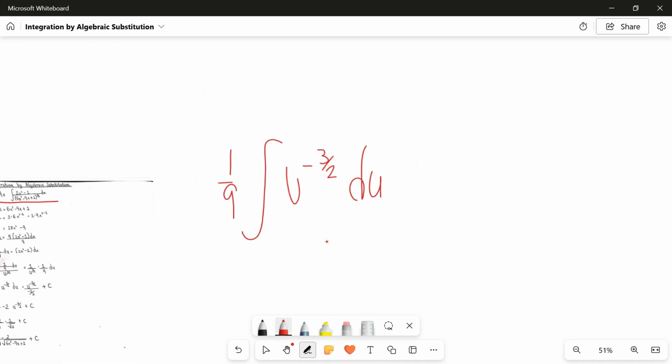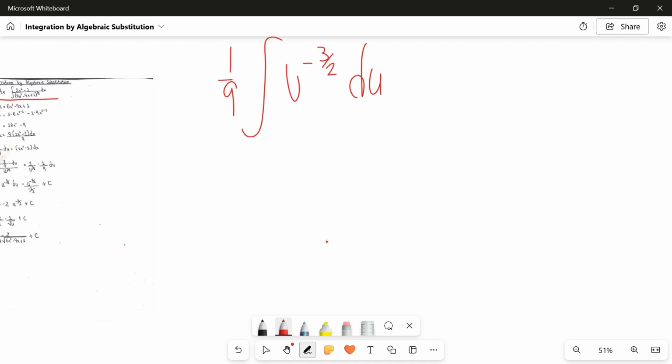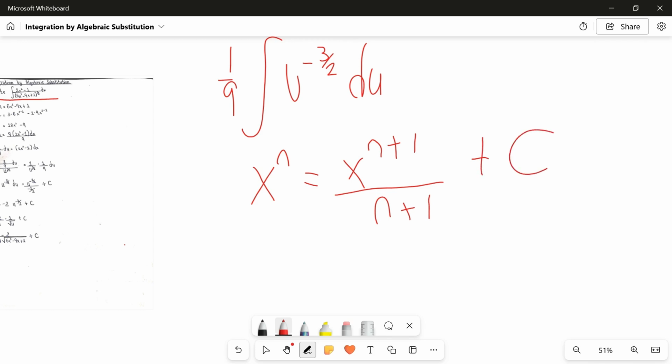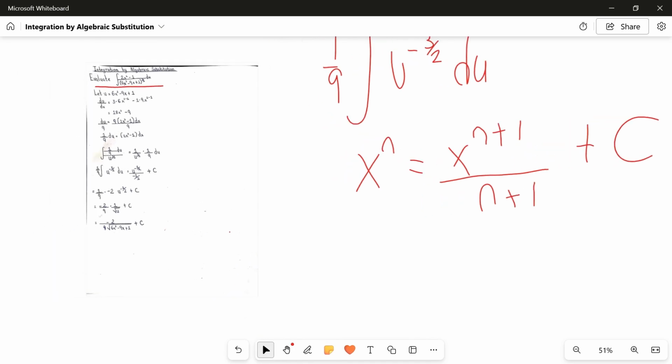And the power rule for integration is the reverse of the power rule for differentiation. So it states that x power n will be equivalent to x, you add 1 to the power, so that is x power n plus 1, and then divide by the new power n plus 1 plus a constant c. So that is the power rule for integration.